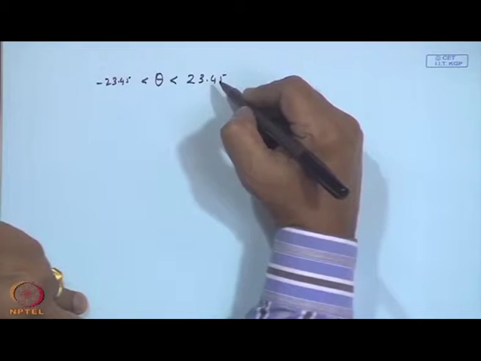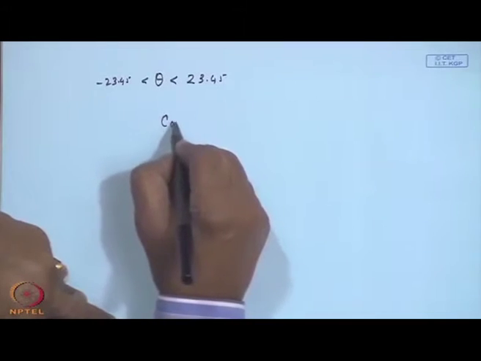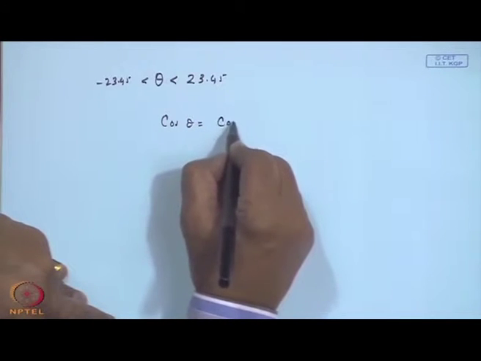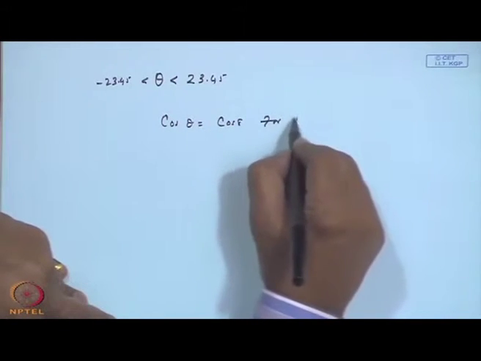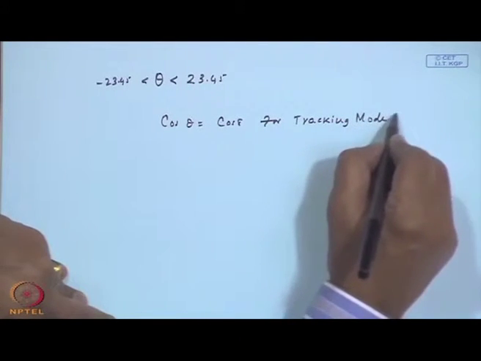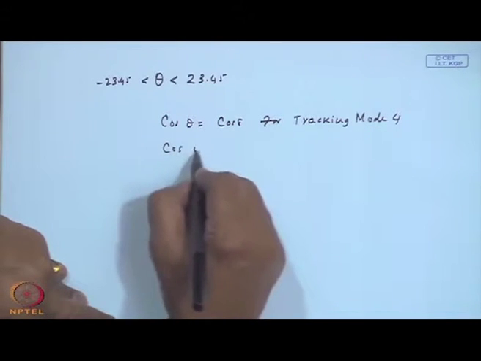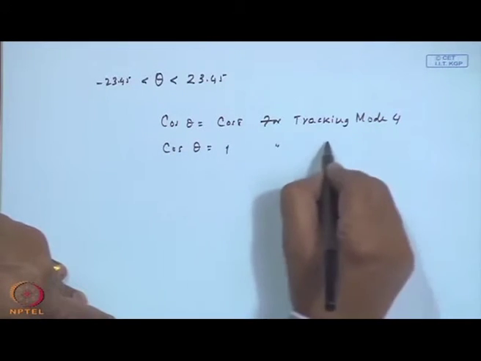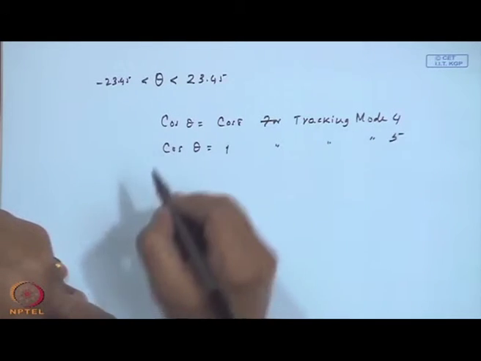So, your theta will have the largest value of 23.45 magnitude, and cosine theta will be almost 0.92 or 0.95, not much different from cos theta equal to 1, though it is a single axis tracking compared to double axis tracking, where cos theta is equal to cos delta for tracking mode 4 and cos theta is equal to 1 for tracking mode 5, the 2 axis tracking.